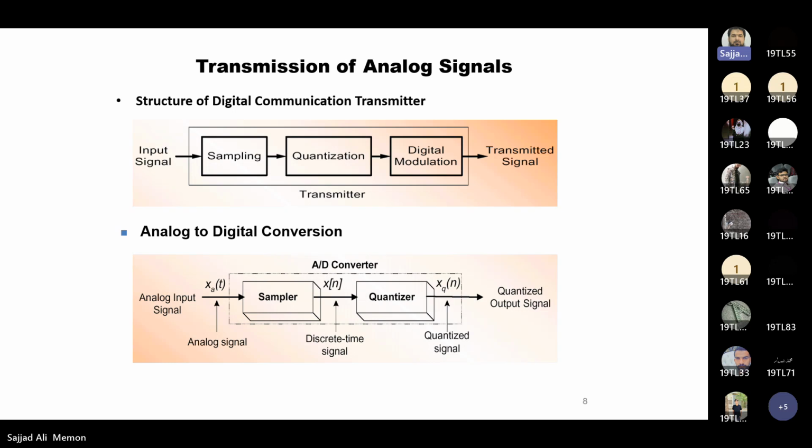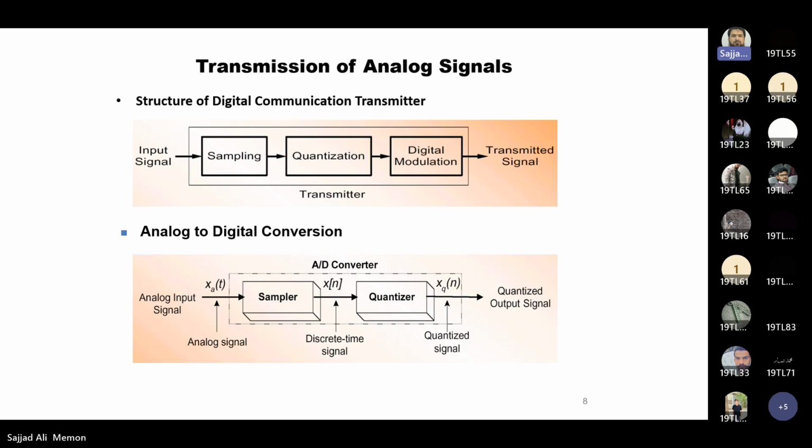That is sampling, quantization, and digital modulation, and then we can transmit that signal. The first two steps are very important: sampling and quantization. That basically convert a continuous signal, that is an analog signal, into a discrete time and discrete valued signal.